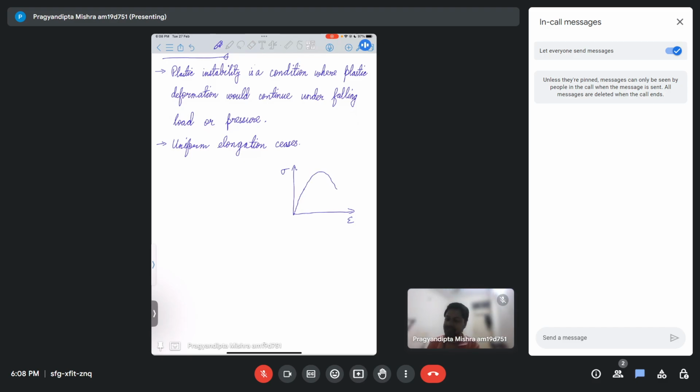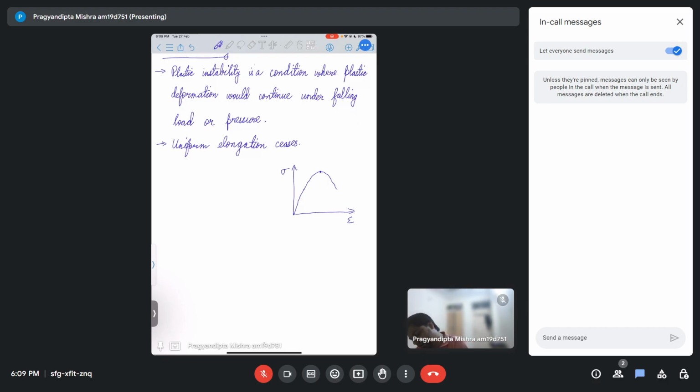This is a representative curve, you won't get exactly this, but let's say this is a stress strain curve. Now this is the point where your instability would start, because now the stress value is falling and the plastic deformation is still continuing. So you don't have increasing stress value with increasing plastic deformation. The deformation would still continue under falling stress or falling load.